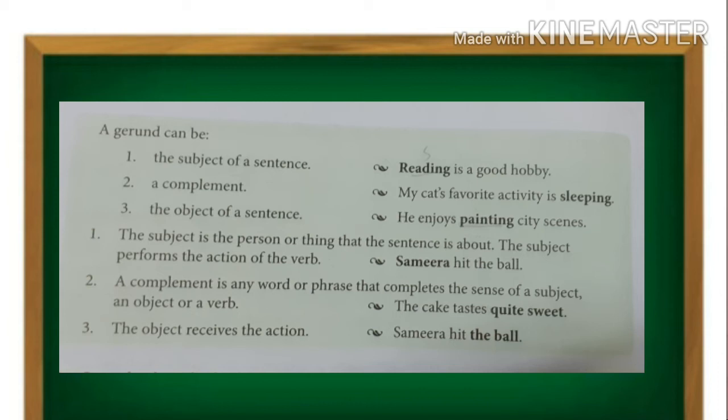The complement is any word or phrase that completes the sense of a sentence, an object, or a verb, right? Yes, the cake tastes quite sweet. So that quite sweet is the complement of the sentence. Samira hit the ball. The ball is the object of the action, right?